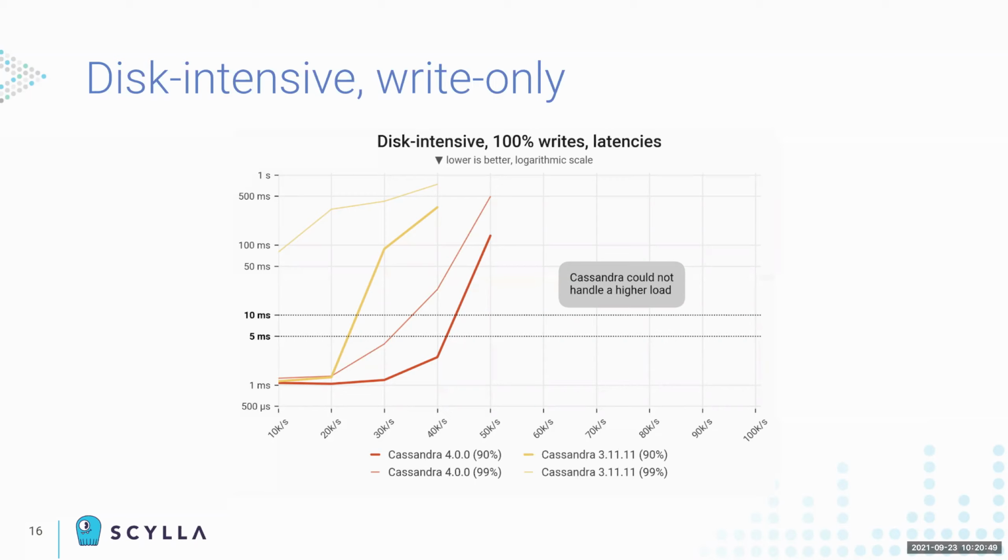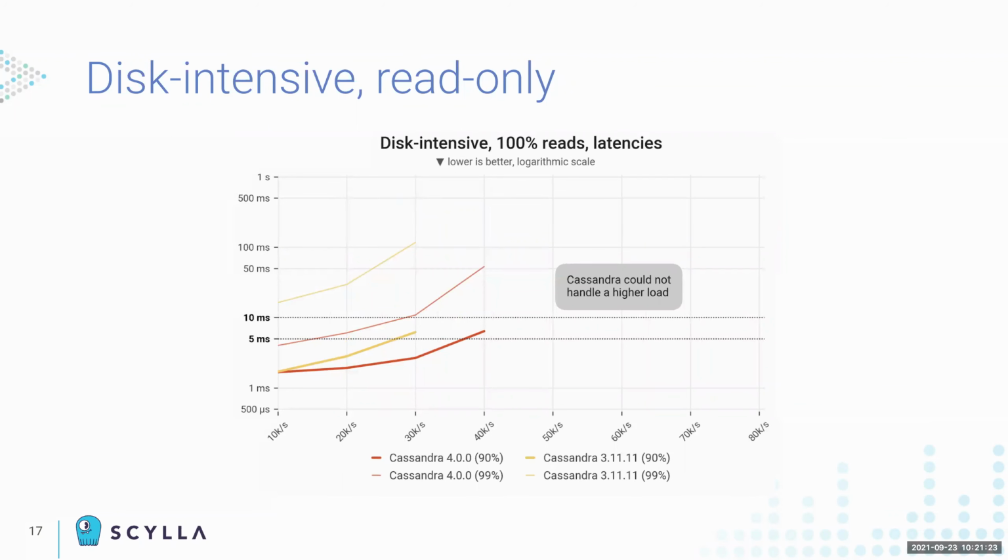And as you can see, the 99 percentile latencies are essentially above 100 milliseconds for Cassandra 3. But if we look at Cassandra 4, especially the first part of this graph, maybe not the maximal throughputs, even the 99 percentile latencies are well below 5 milliseconds.